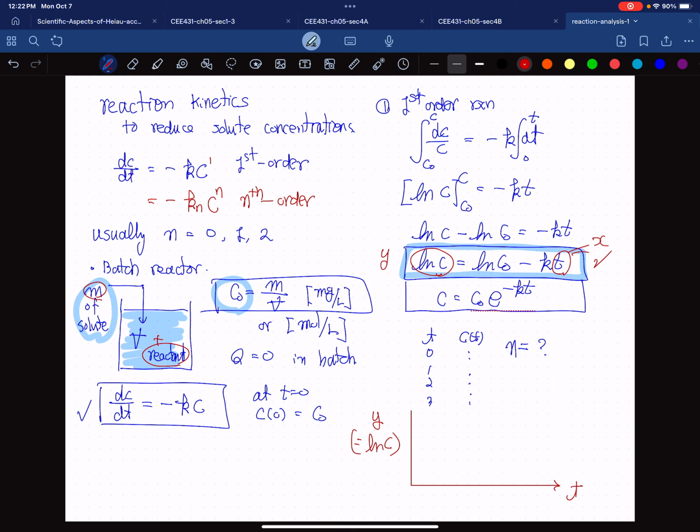So in that case, as concentration is decreasing with respect to time, if this reaction follows the first order, then the graph would look like this. And then you could somehow draw the straight line.